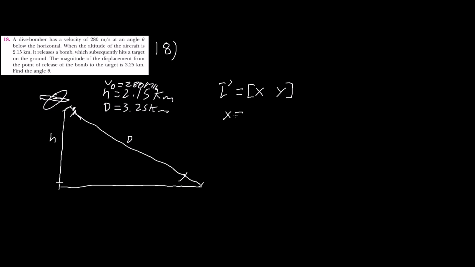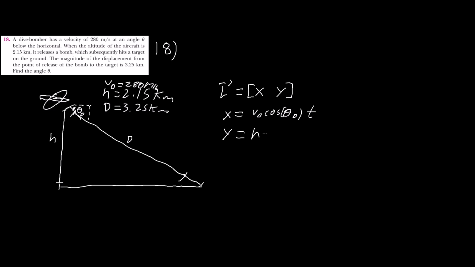X is specifically going to be v naught cosine of theta naught, I'll call it theta naught, times the time. So that's going to be the position for x, whatever specific time it is, that's the position for x.